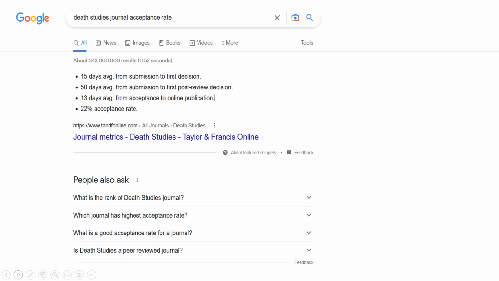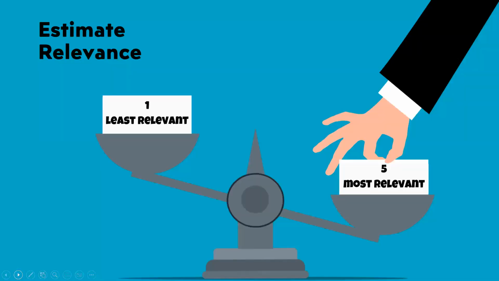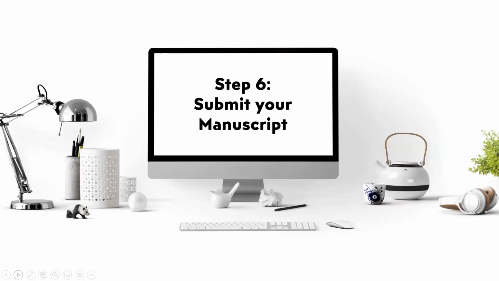And the final thing we do in ranking journals is rank from least relevant to most relevant. And then we add up the scores we've got across those 3 measures: impact factor, acceptance rate, and relevance. And whichever has the highest number, that's where we submit our manuscript to, knowing that the second highest becomes our backup if we don't succeed with our first choice.